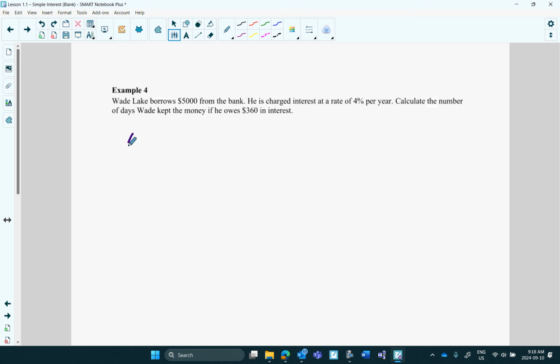So again, our formula. This time our interest is 360. Principal is the amount borrowed this time, $5 grand. Interest rate is 0.04, and time is unknown.